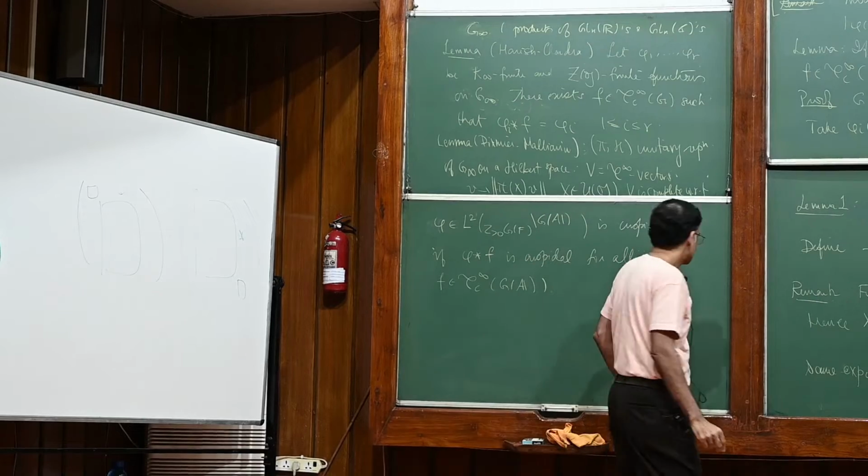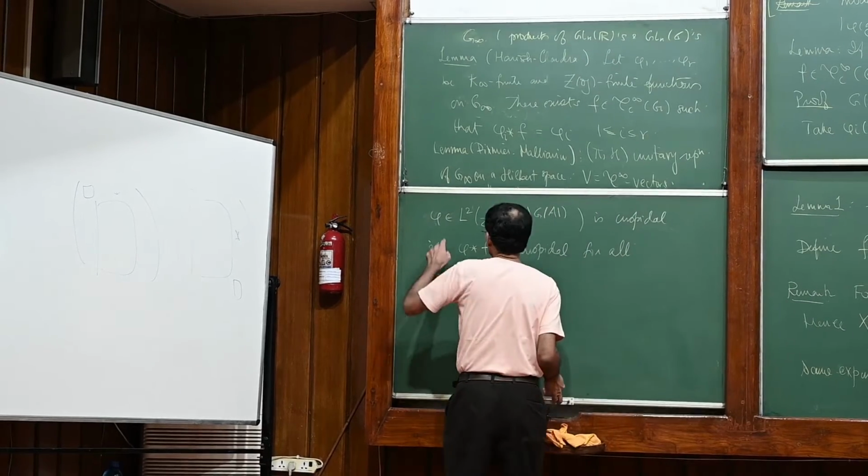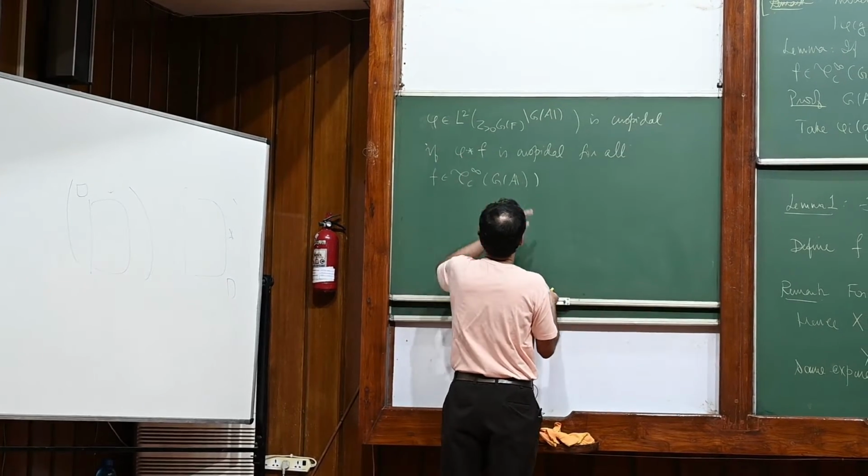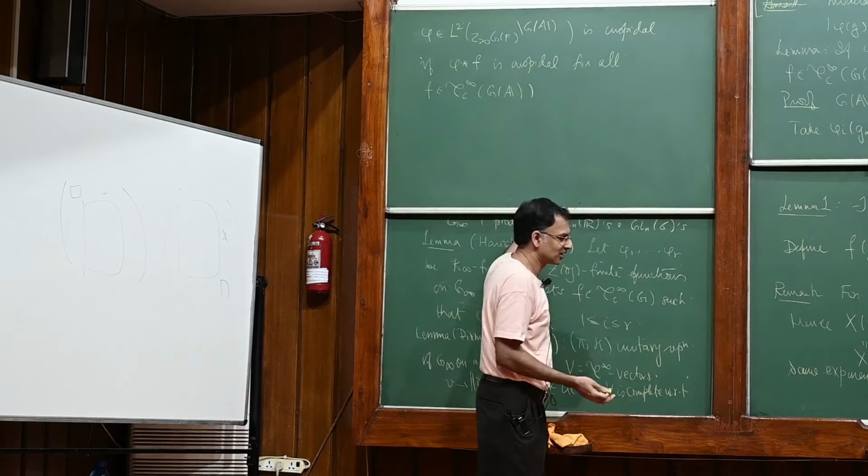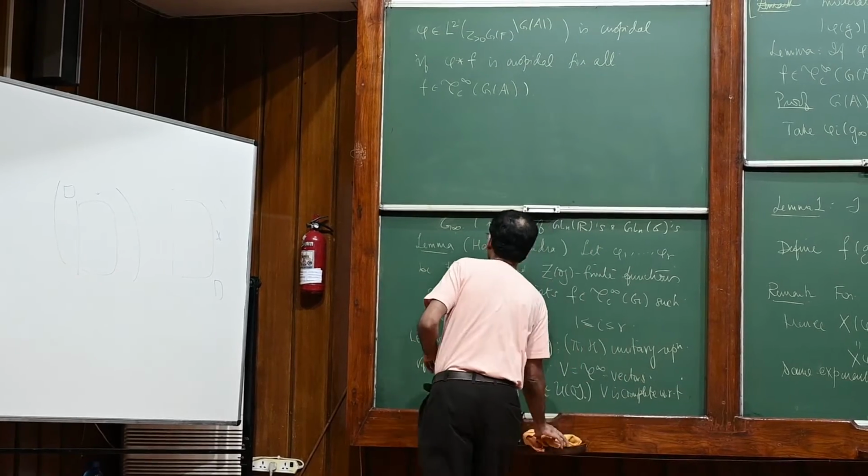Okay. So I don't have to bother about L2 and so on, because again, phi convolution f is going to be a nice function, continuous, so I don't have to worry about that.